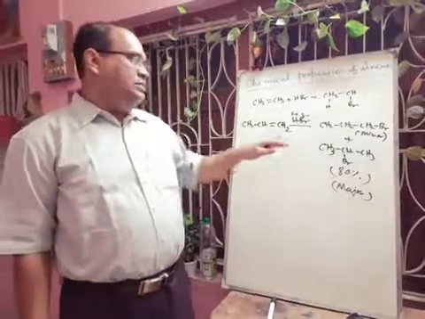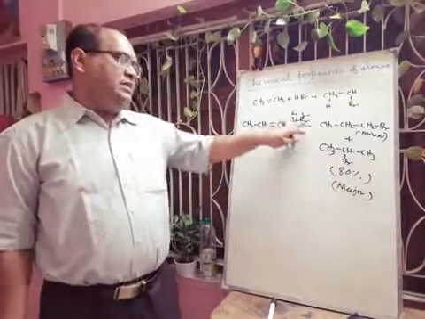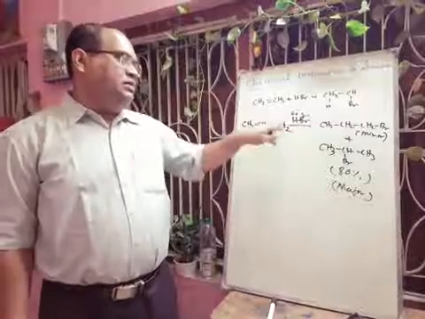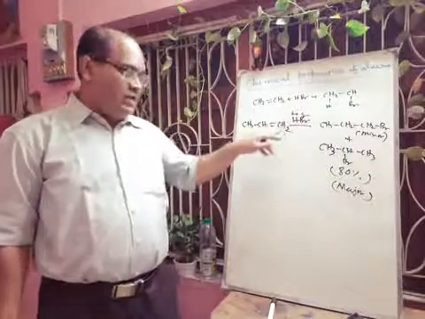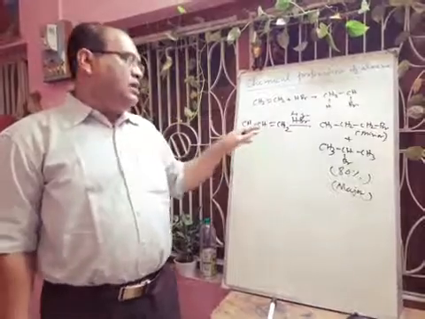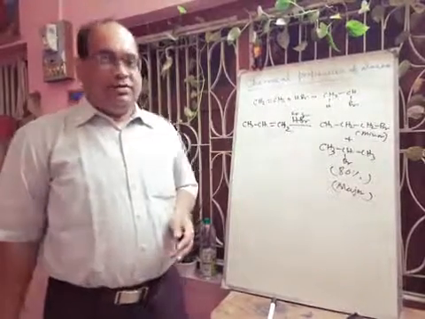Okay. So here you see, here the least number of hydrogen is there. So the negative part, that means Br minus, will add here and hydrogen will go to that side. So where hydrogen is maximum, that side there will be addition of hydrogen, and where the hydrogen is minimum, that part the bromine will be added.